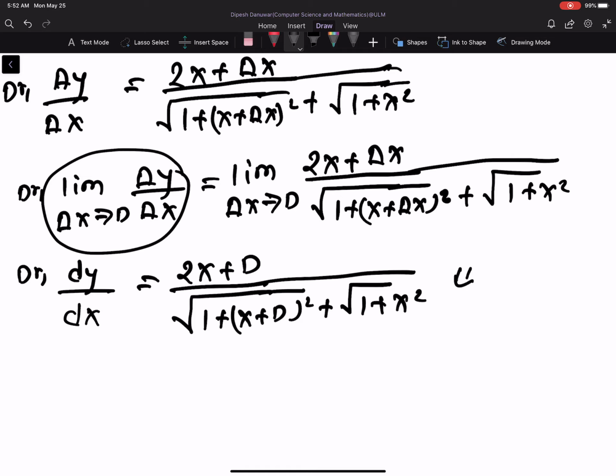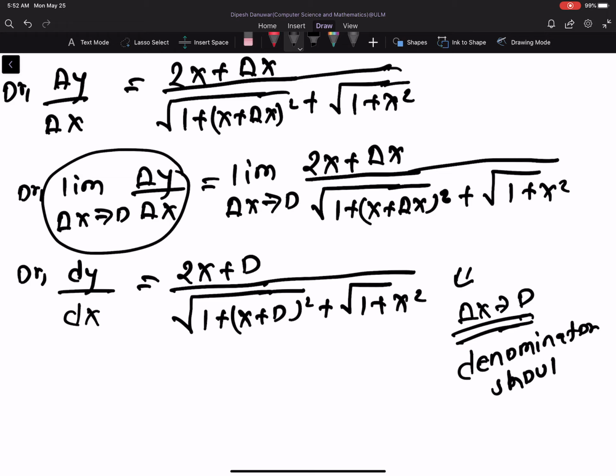Remember that when you are putting the value of delta x tends to 0, make sure that the denominator should not be 0. Remember that the denominator should not be 0.